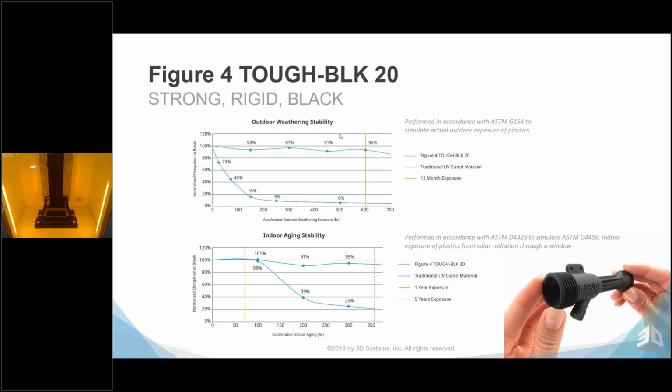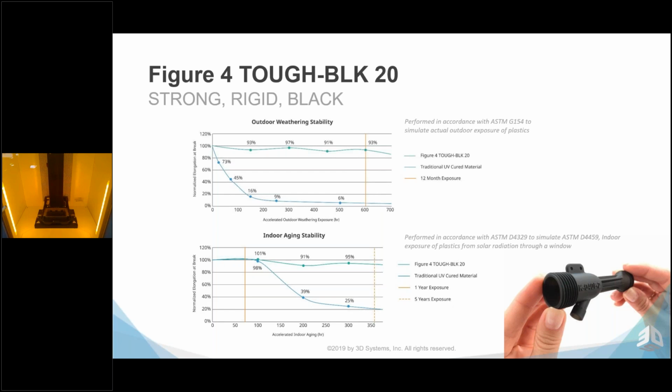So if we look at the outdoor weathering, typically UV cured material degrades over time. This is a 12-month line right here, a 1-year line. And you can see, like SLA or anything UV cured eventually degrades over time, and that's because it's getting hit with the same UV radiation from lights and sunlight and everything else that was used to cure it.